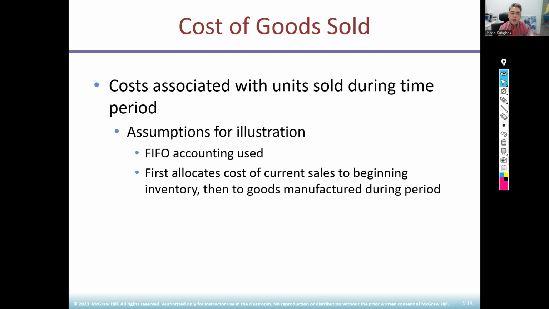Your assumption will be to sell the item from last year while you're producing what you need for this year, correct? So that's actually the assumption for our illustration. There is a first in, first out. What came in from last year, first in, will be the one that needs to be sold first out. Okay, so that's actually the assumption.